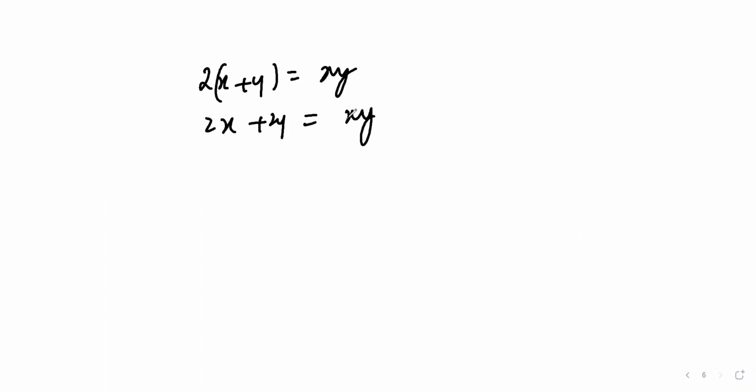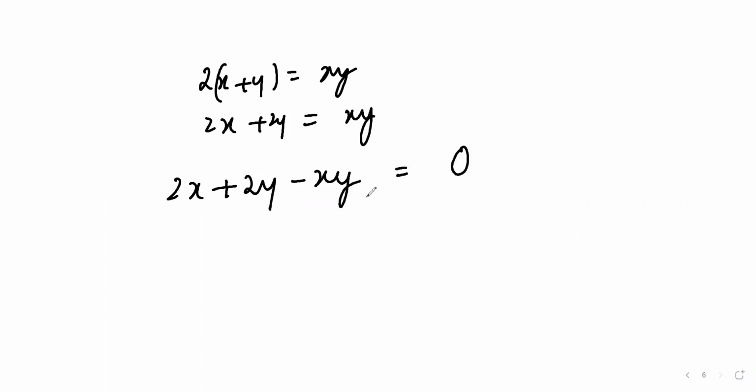Okay, and then the other way of looking at it is 2 into x plus y is equal to xy, isn't it? So 2x plus 2y is equal to xy. What I can do is shift everything to one side: 2x plus 2y minus xy is equal to 0.